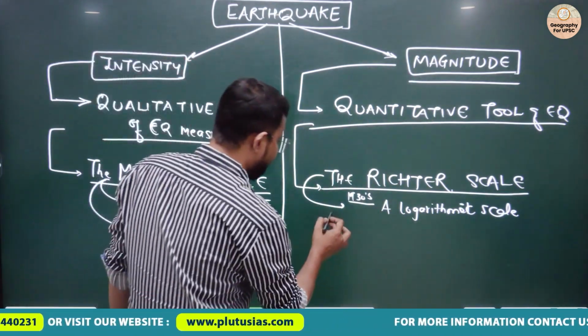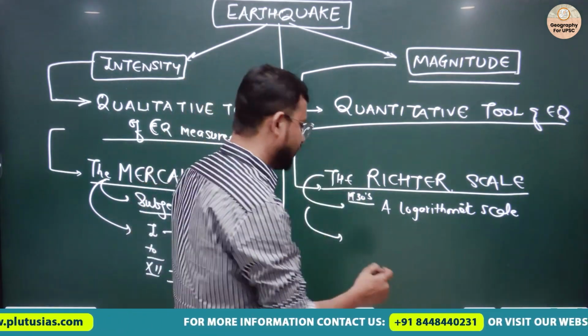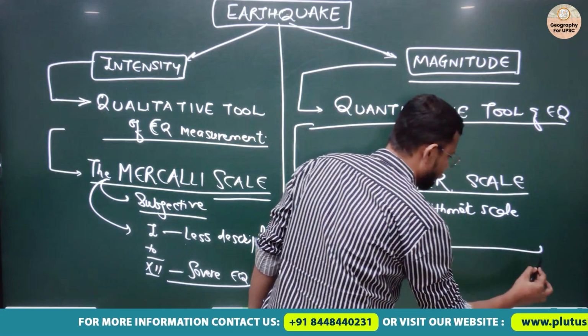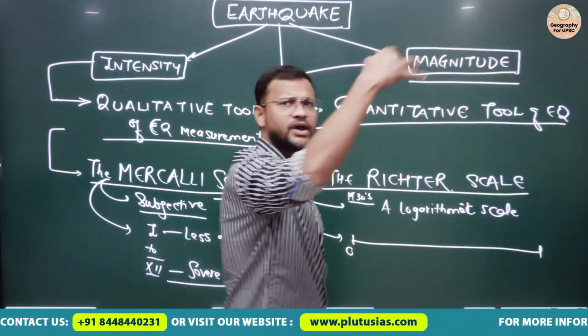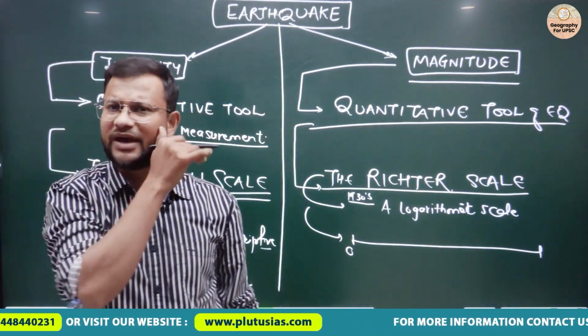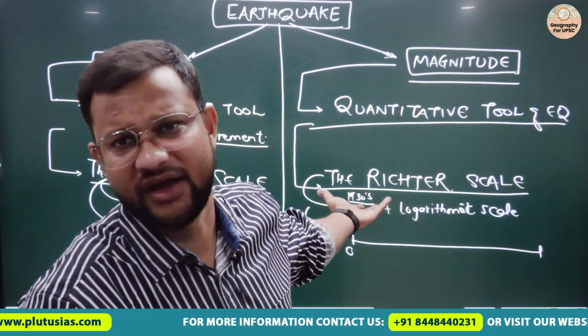So it means simply that every incremental step on the scale, it starts from 0 and extends upward in numerals. Generally, up to 10 is what we have experienced as earthquakes so far, right?